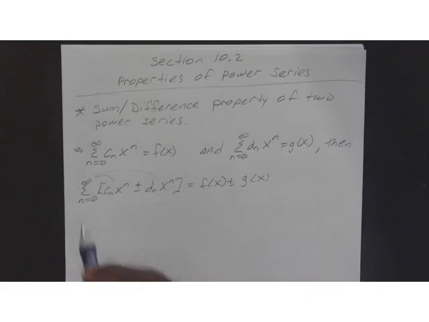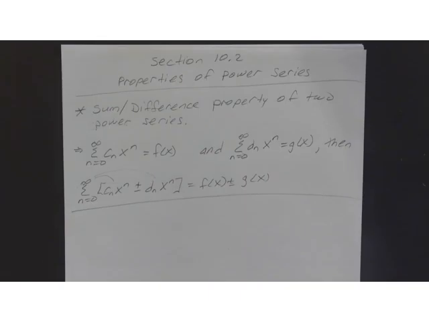So let's say if you did add those two series and you wanted to find the interval of convergence for their sum or difference. Okay. Well, the interval of convergence will just be the intersection of the intervals for your f of x and your g of x.